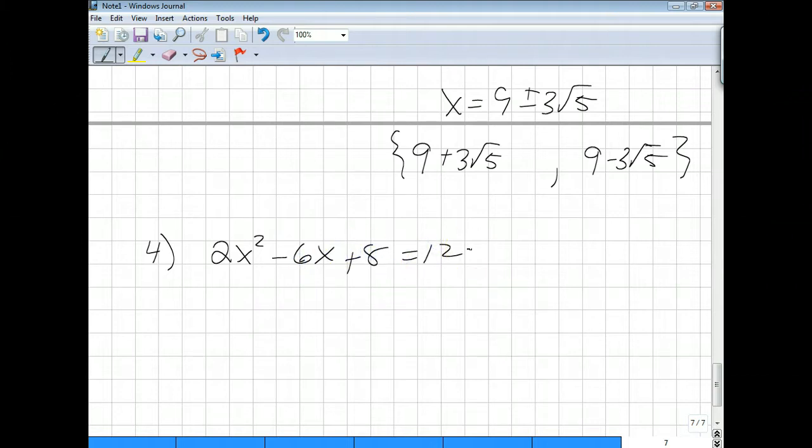Okay. Well, what I want to do is first of all start off by, again, moving the constant to the other side. So I'm going to subtract 8 from both sides. So I have 2x squared minus 6x plus something equals 4 plus something.